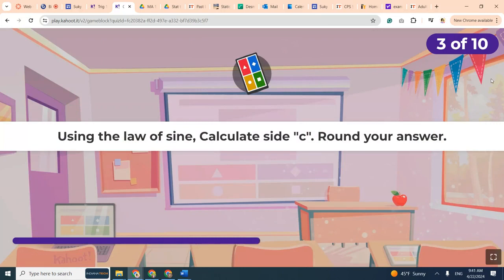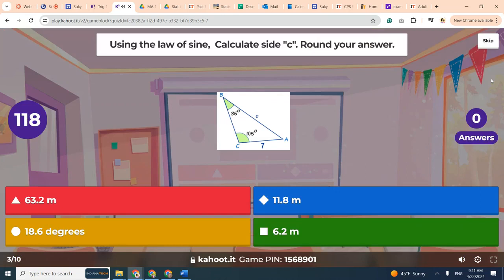Use law of sine. Calculate side C. Round your answer. Yeah, scratch paper. You do need to calculate. You have 2 minutes. You want to find side C. Calculate on your scratch paper.